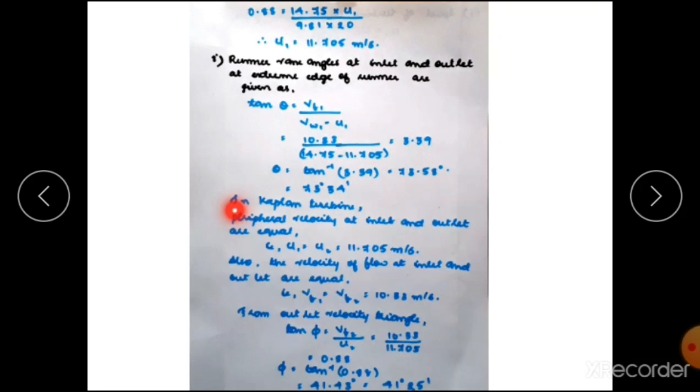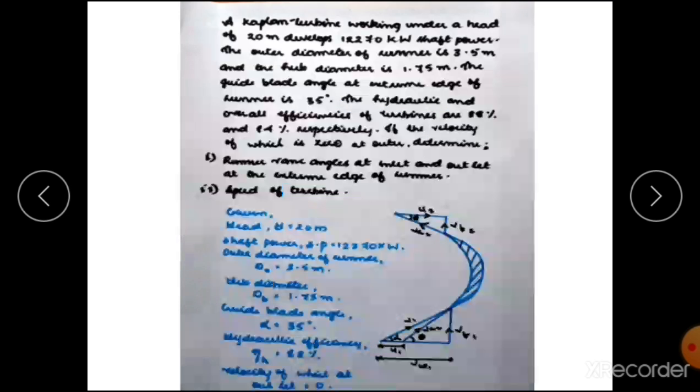But in a Kaplan turbine, the peripheral velocity at inlet and outlet are equal. That is U1 equal to U2, which is equal to 11.705 meter per second, already calculated. And also the velocity of flow at inlet and outlet are equal, that is Vf1 equal to Vf2, which is equal to 10.33 meter per second, also calculated. From the outlet triangle, tan phi is Vf2 by U2.